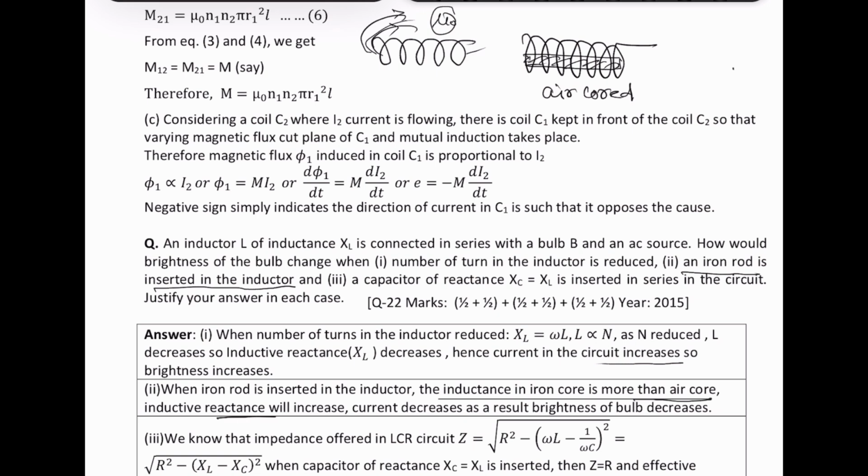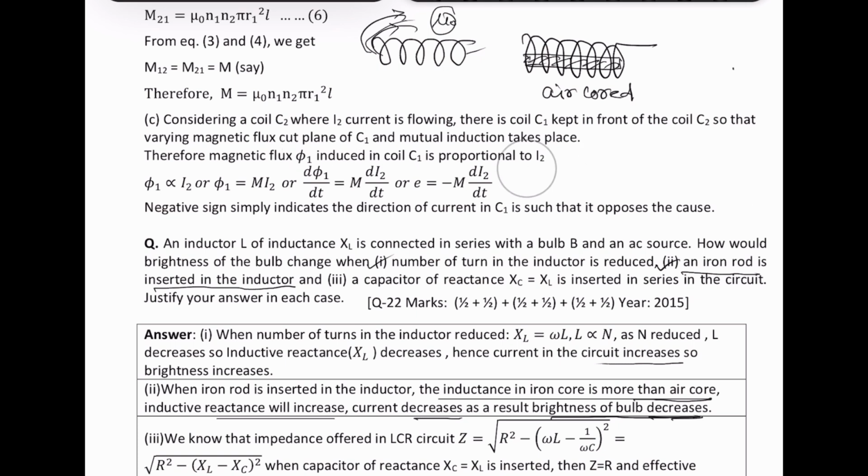So inductance increases, reactance will increase. If the resistance offered in the circuit is increasing, then the current will decrease. If the current decreases, the bulb will be dim. It will not give that much brightness. So brightness will decrease, correct? Second part is also answered. What happens when iron is inserted?